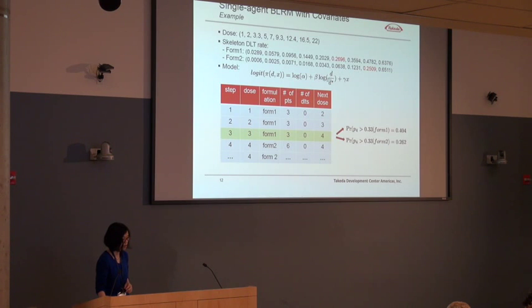If you use a model with covariates, then the decision to escalate or not to escalate would be different. Here is the probability of overdose. For the 2 different formulations, you will have 2 different overdose control probabilities. So if you have one of the formulations, you won't be able to use this dose, and if you have the other formulation, you'll be able to use it.